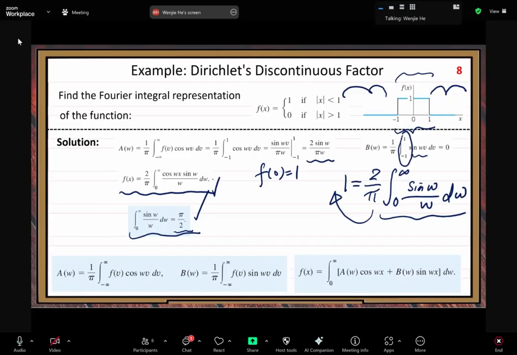Here we use the Fourier integral. It is one of the ways we can prove this nice result. So we just use it as a simple example related to the Fourier integral formula.